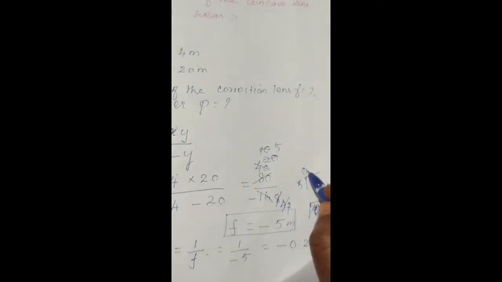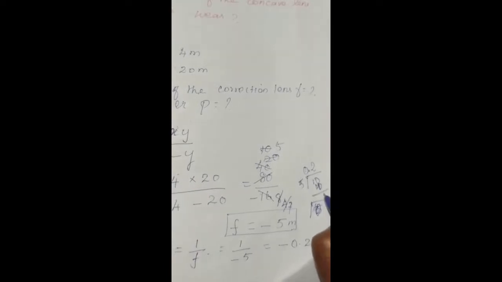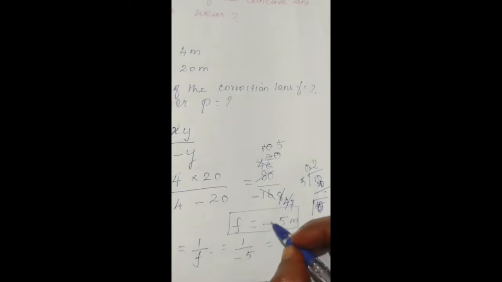Put 0 here, 1 0, 2 fives are 10. So the value is minus 0.2.